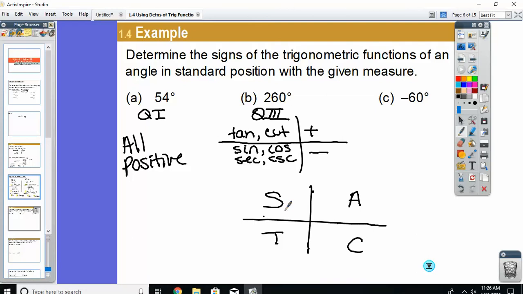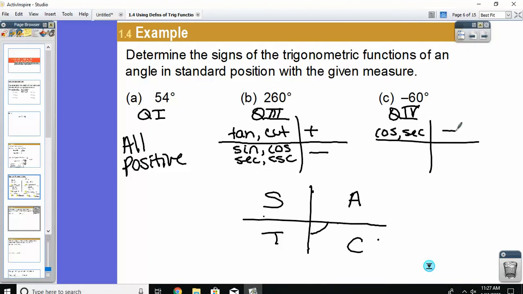C, negative 60. What quadrant would negative 60 be in? Negative just spins down, so that's quadrant 4. If you weren't sure, you could also add 360. You get 300, which is between 270 and 360, so that's quadrant 4. In quadrant 4, C is for cosine, and its reciprocal secant.